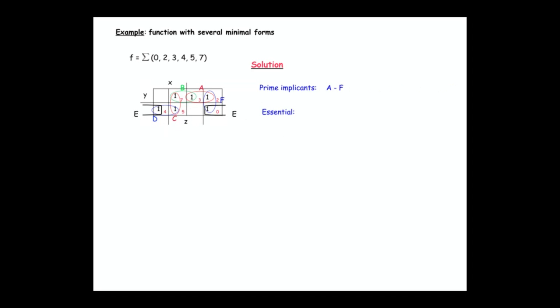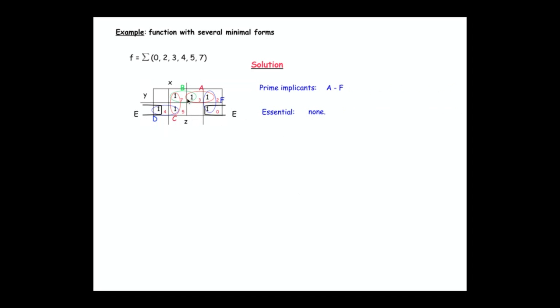Now we're going to pick the essential ones. Right? And a set of essential implicants may not be unique, right? And that's how we get multiple minimal forms, right? So, or in other words, none of them are essential, right? But you will have to pick a subset of them to come up with a minimal form, right?